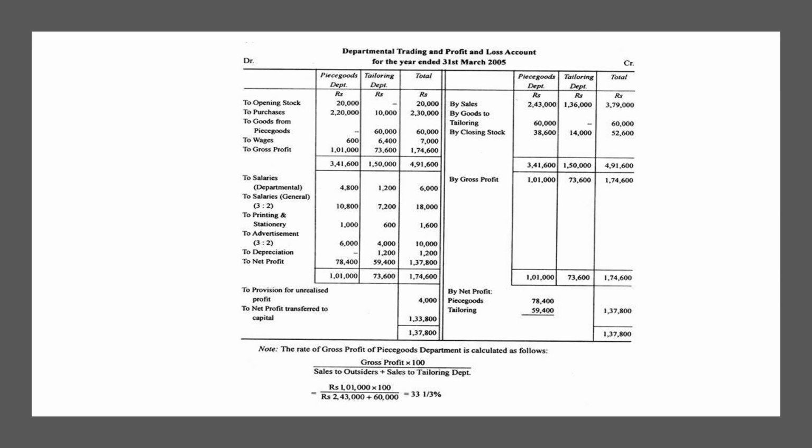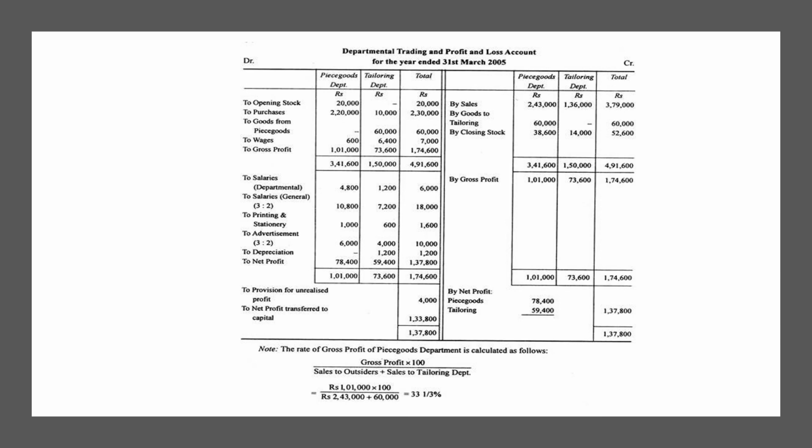First, you will check the total purchases made by the tailoring department. See, the total purchases made by the tailoring department is 10 plus 60, that is 70,000. So out of 70,000, how much have you purchased from department A? That is 60.